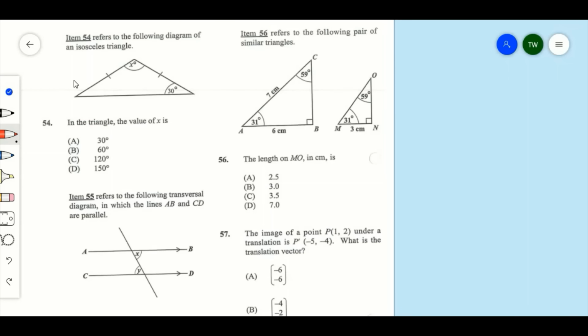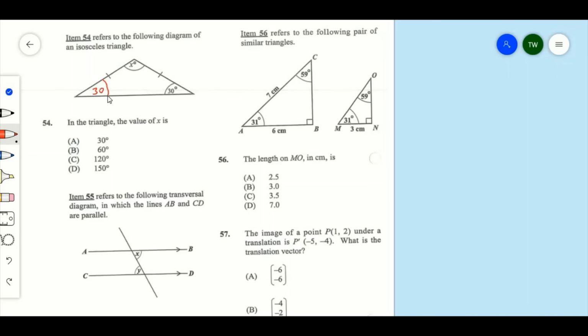Item 54 refers to the following diagram of an isosceles triangle. In the triangle, the value of x is, now in an isosceles triangle, it has two equal sides and two equal angles. So this angle here is 30. It means that this angle here is also 30 degrees.